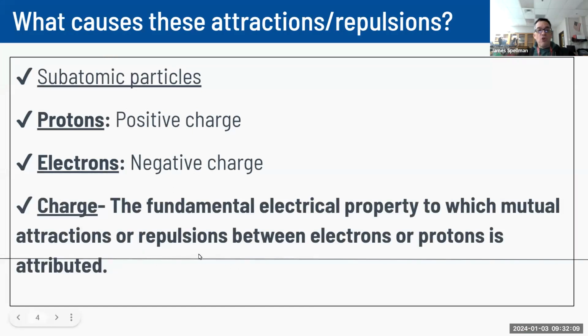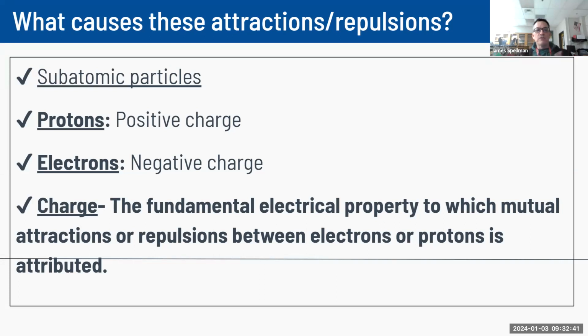And so when we think of a charge, what we're really thinking of is here's a definition. It is a fundamental property to which mutual attractions or repulsions between electrons and protons is attributed. So in chemistry class, we talked about how protons were positive, electrons were negative, and there's nothing to me that I can really say that explains what it is to be positive or what it is to be negative, but the positive charge and the negative charge kind of tells us what's going to happen to its motion if we bring them near something else.